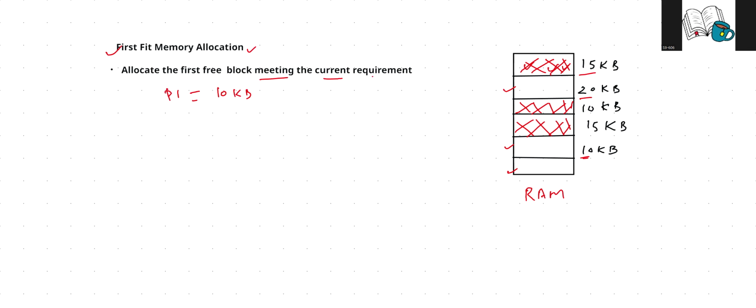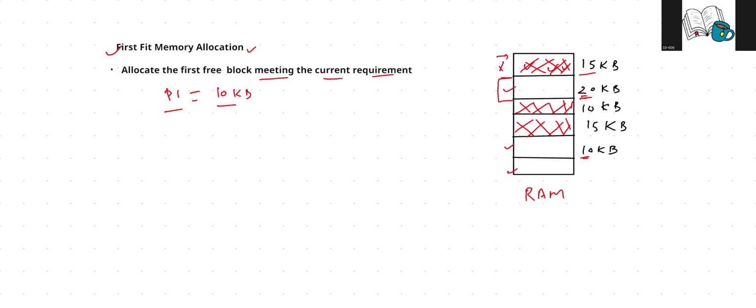The current requirement for process P1 is 10 KB. So your operating system will start scanning your memory from the start. First of all, it will scan the first block, which is already allocated, so this block cannot be allocated to process P1. Then the second block is of 20 KB size.